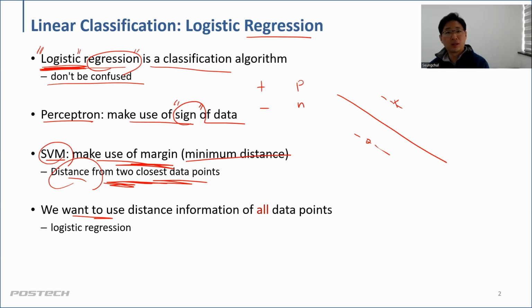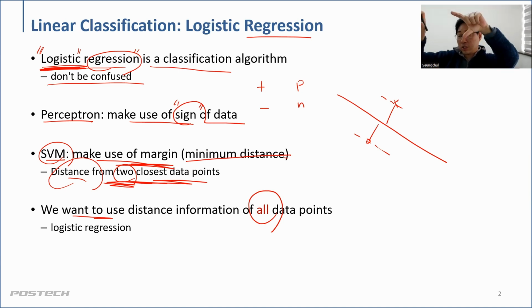But the natural next step is: why don't we use the entire set of data points? We want to use distance information from all the data points here, instead of two. In the SVM, I use only these two data points, that is, two distances, which are the margins.